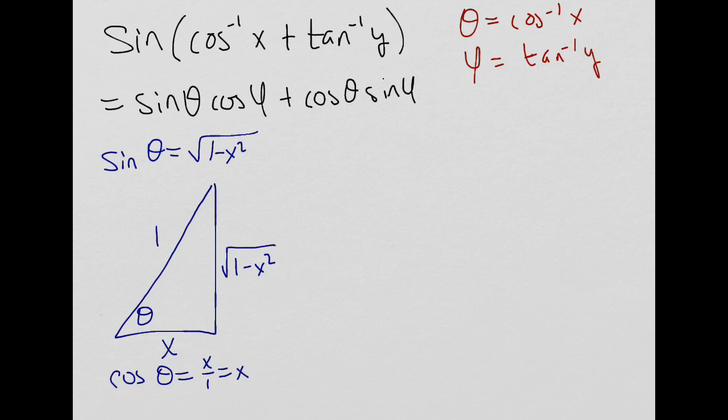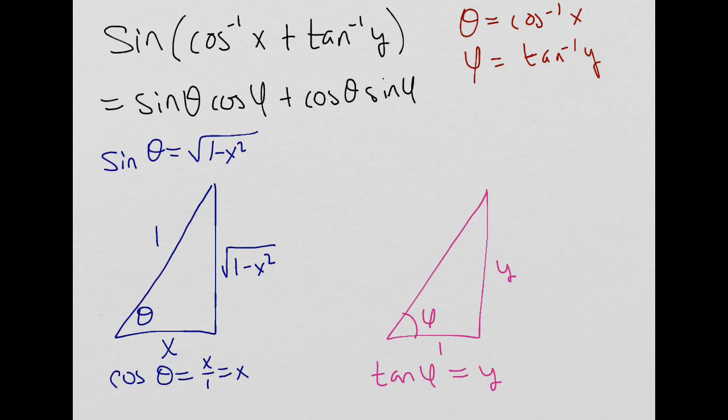Taking the second triangle, the sides 1 and y, angle phi down there, tangent of phi is just going to be y, which fits with up here tangent inverse of y equaling phi.